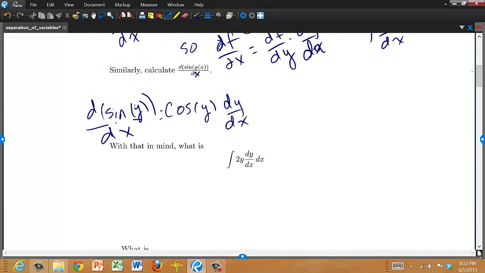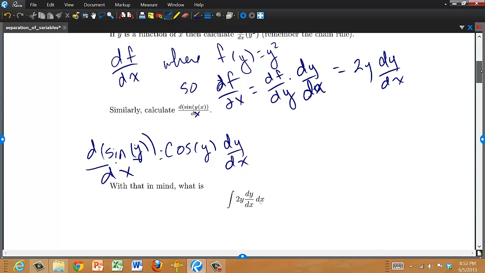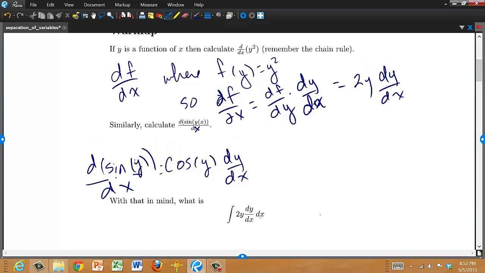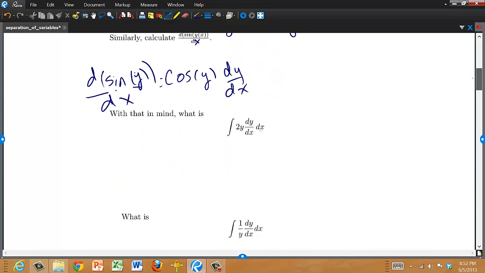If I say find the antiderivative of 2y dy dx with respect to x, that's an integral with respect to x, what's the answer? Well, we already know whose derivative is 2y dy dx. It's y squared, right? So this integral of 2y dy dx with respect to x is going to be just y squared.